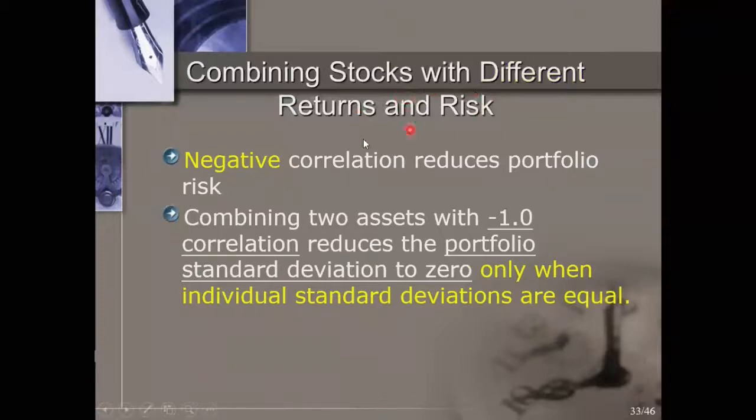Combining two stocks with different return and risk, negative correlation reduces portfolio risk, as we have decided already. So combining two assets with a perfect negative correlation reduces the portfolio standard deviation to 0 only when individual standard deviations are equal. Keep in mind, we will get 0 risk whenever their standard deviation is the same.